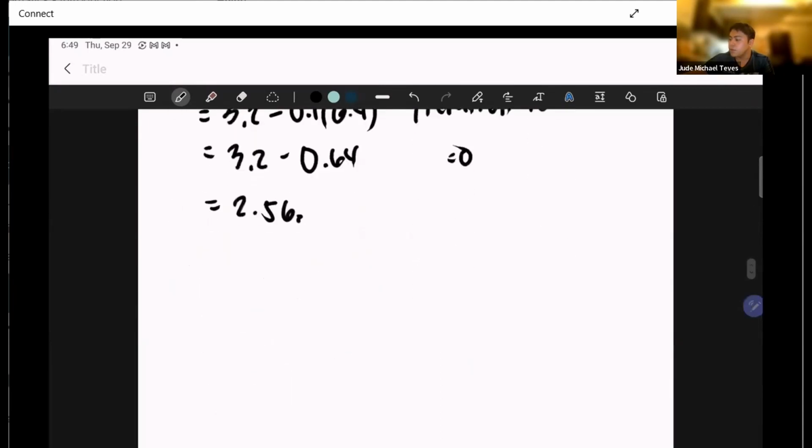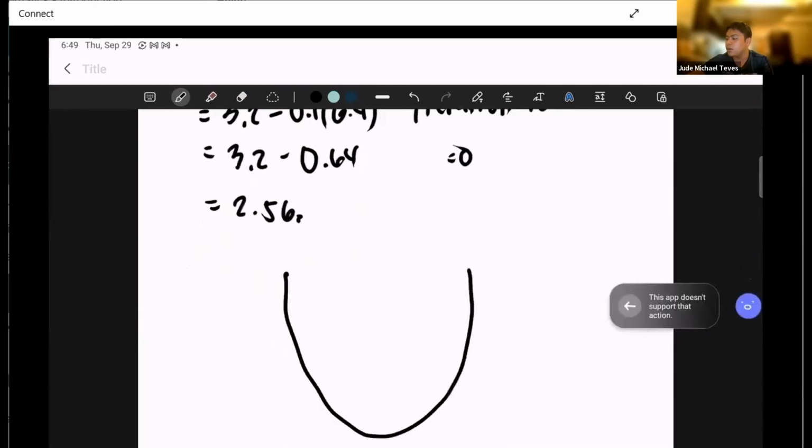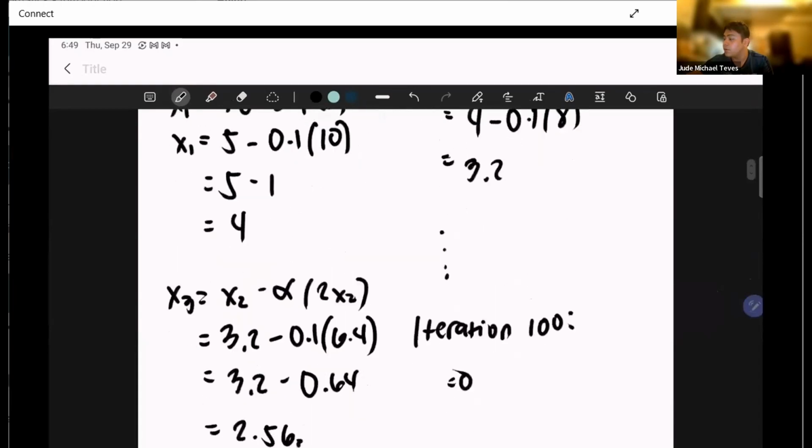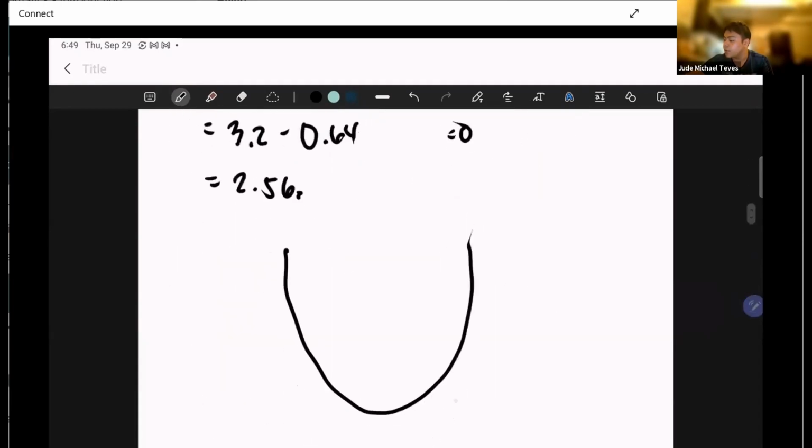So if you try to graph this thing, think of this as the loss function. You start here. I don't know. 5, 4, 3, 2, 1, right? This is 5.